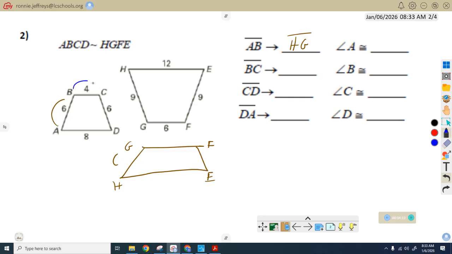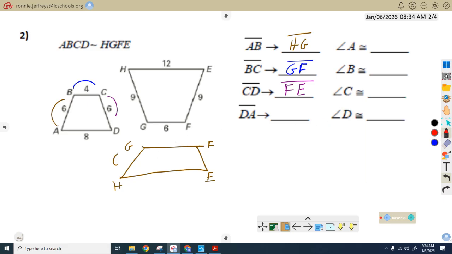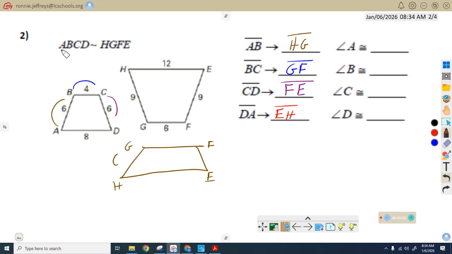BC would go G, F. CD would be F, E. And then DA would be E, H. Now, as we're doing the other things, they should kind of line up like this.